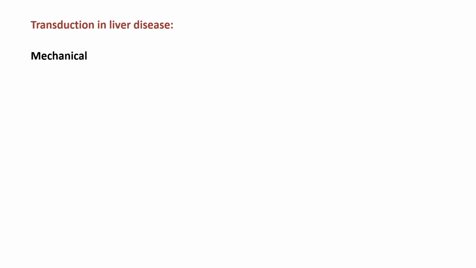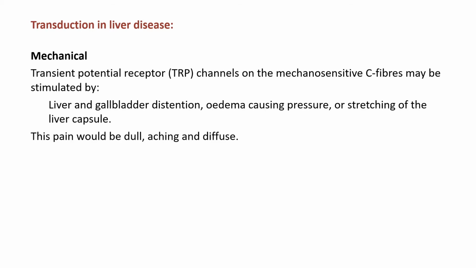So transduction in liver disease, what's going to stimulate these particular nociceptors in this case? So mechanical stimulation through our C fibers could be down to liver and gallbladder distension. It could be edema or stretching of the liver capsule. And this will be detected by TRP channels on these mechanosensitive C fibers. Because they're C fibers, the pain will be dull, aching, and diffuse.